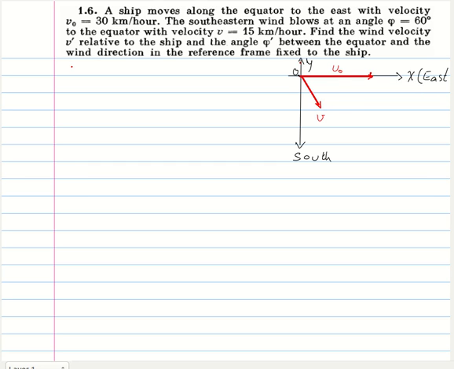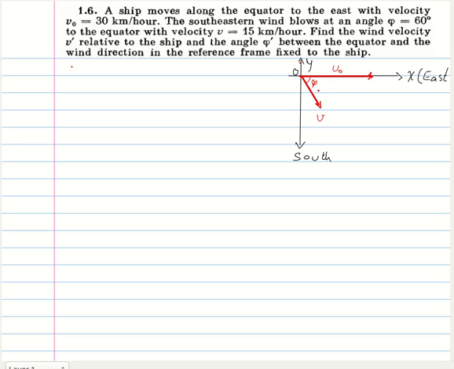So we are already given that the ship is traveling towards the east when viewed from the point O, which is a fixed point on the equator, and from the same point there is a wind blowing in the southeastern direction, and we are also given this angle, which is phi.